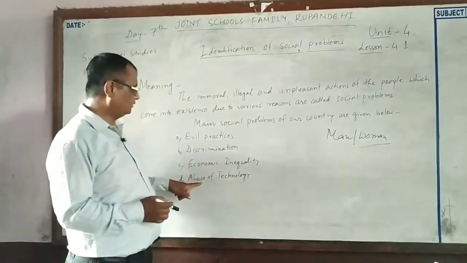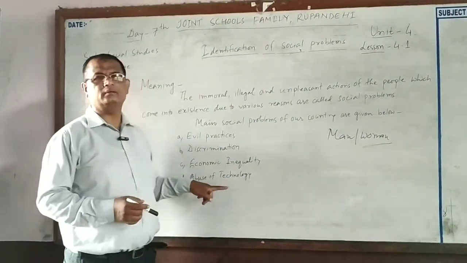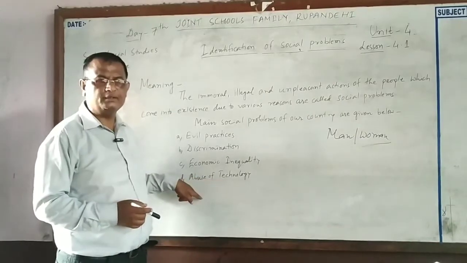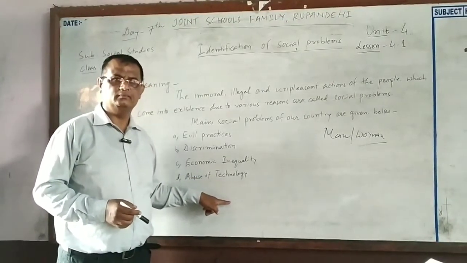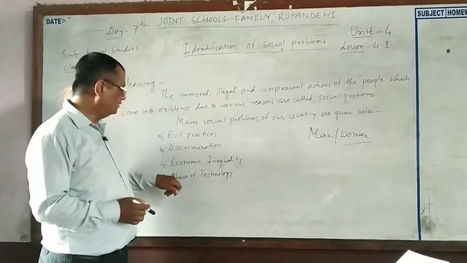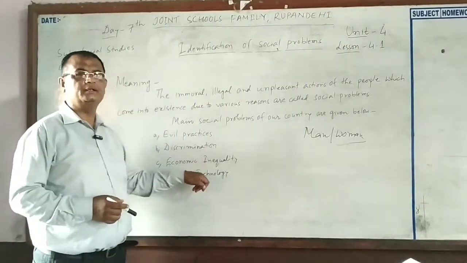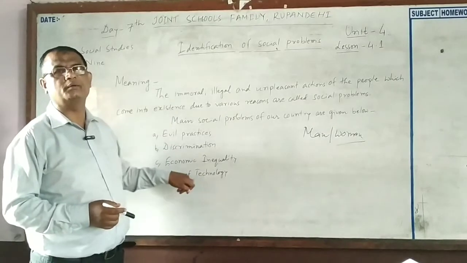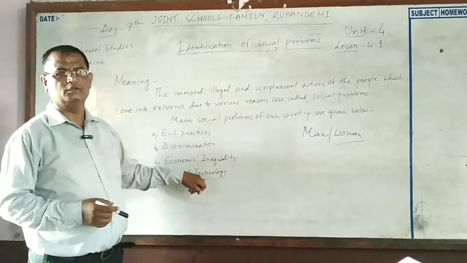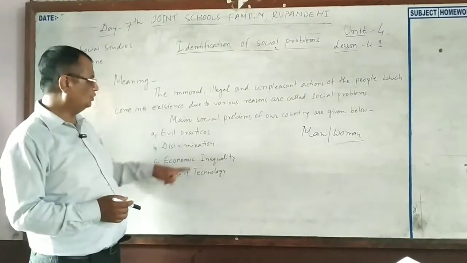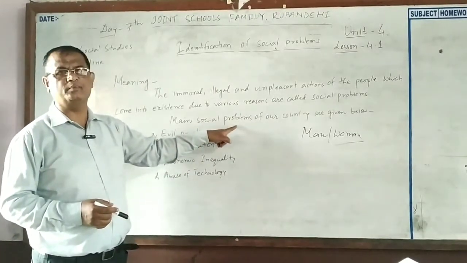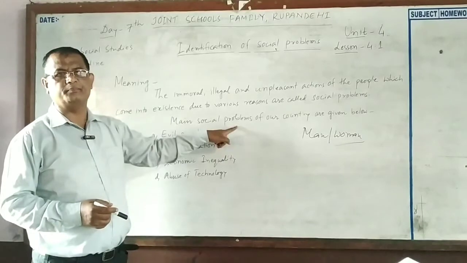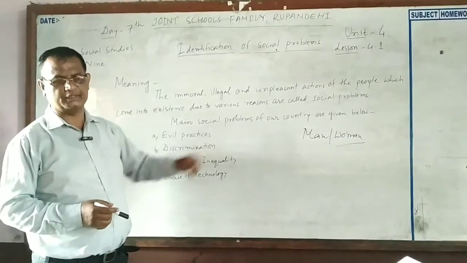They are using technology in a negative way, and with the help of this technology, they are abusing other people. So this is also abuse of technology, one of the social problems prevailing in our society.